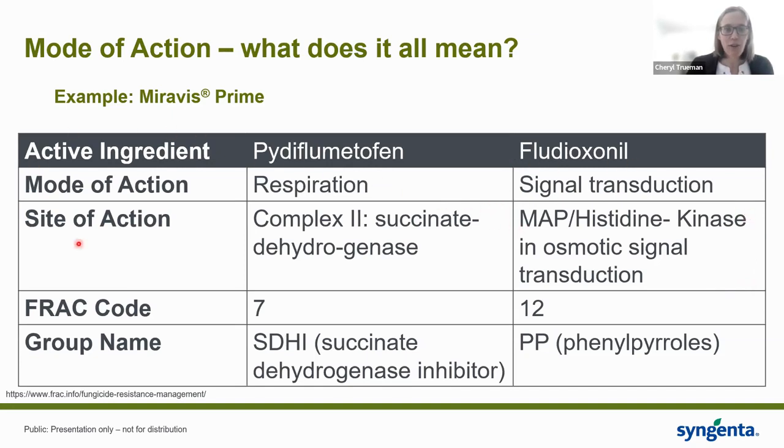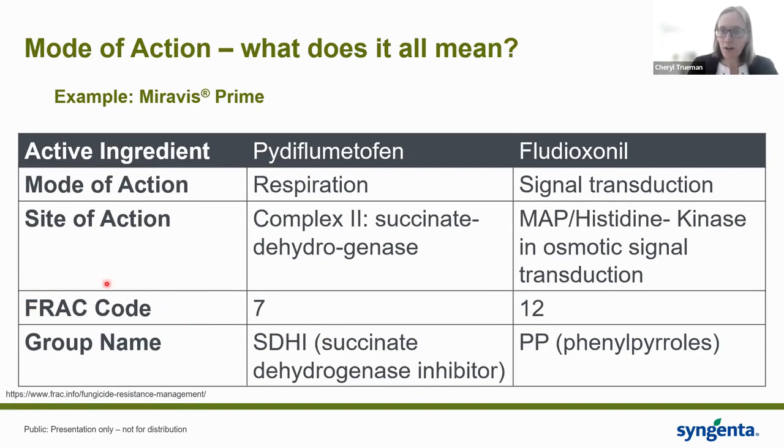And it's this mode of action that helps determine the FRAC code. We'll talk about FRAC in a few minutes, but when we talk about alternating or rotating modes of action, we're talking about rotating between different numbers, and sometimes the FRAC code is a letter. For multi-site fungicides, if you see an M, that's a multi-site, but that's a FRAC code.